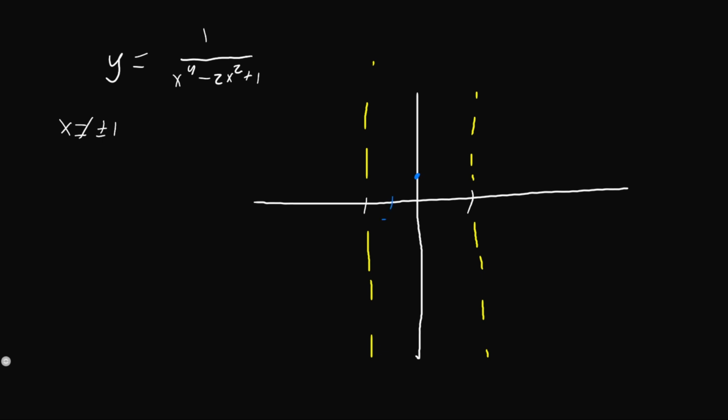And when x is equal to -0.5 and +0.5, we'll see that it is equal to 1 divided by 1/2 to the power of 4, which is about 1 over 16, minus 2 times 1/2 squared plus 1.